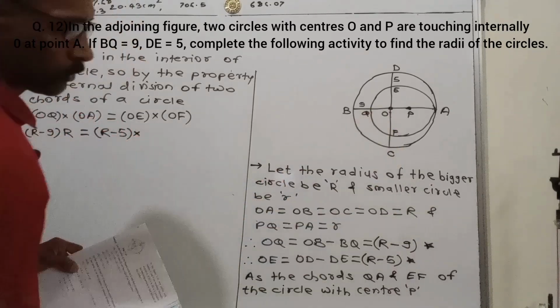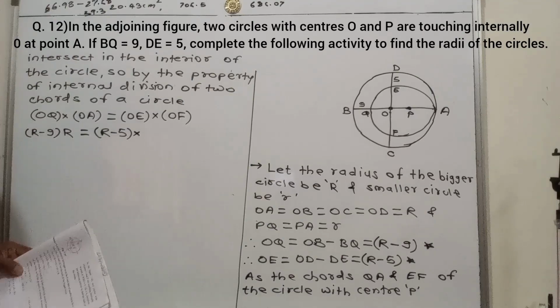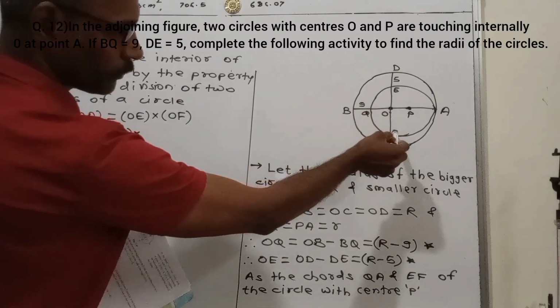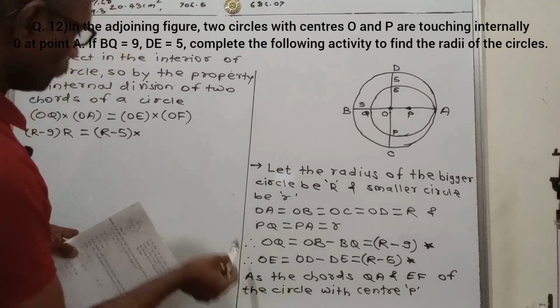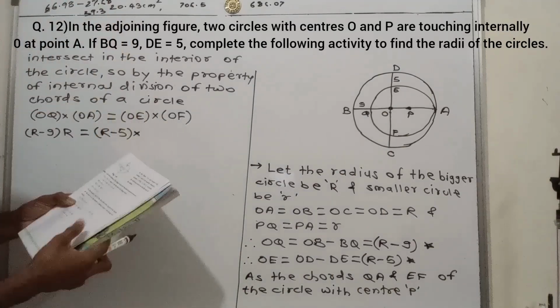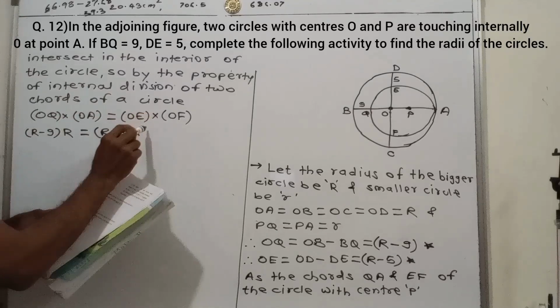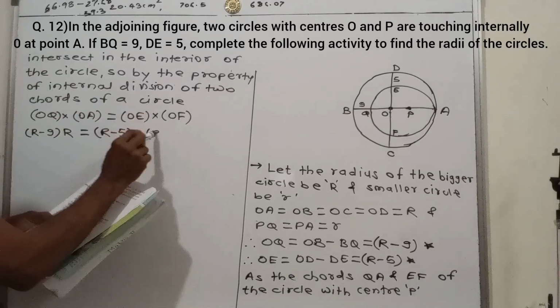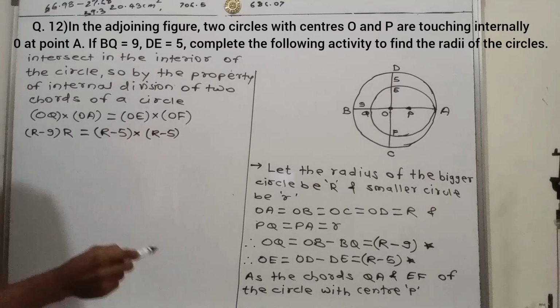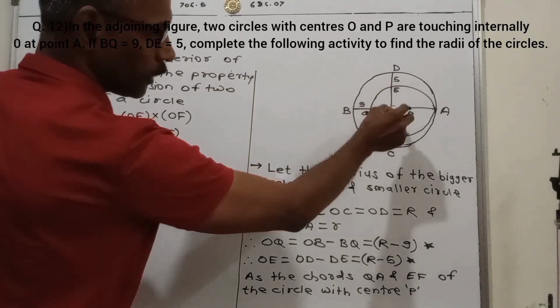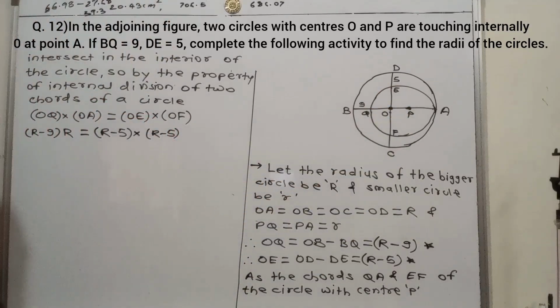Where is OF? OF, na? Yes, OF. R minus 5. See this. OE and OF both are same.